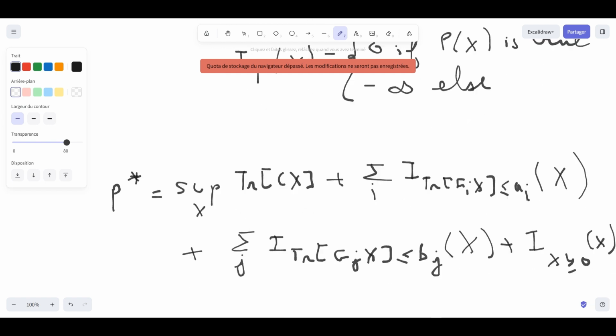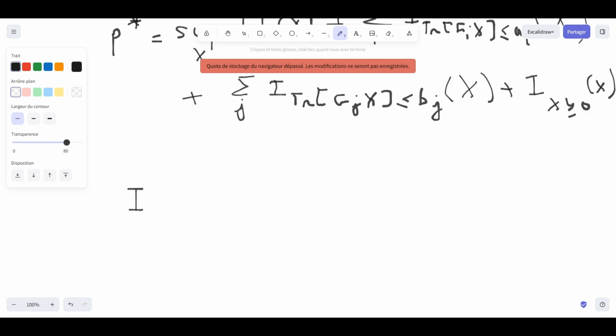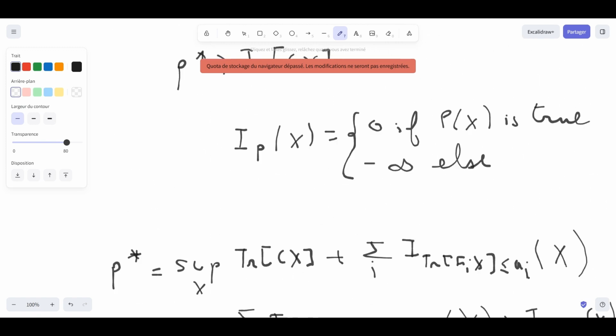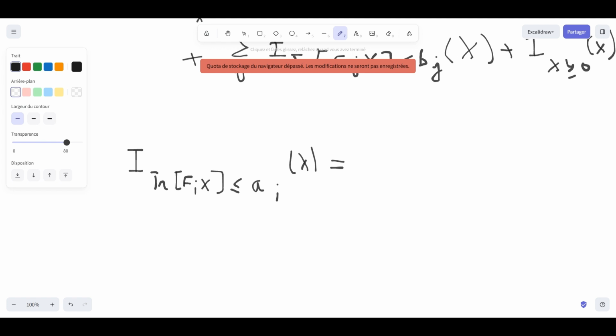rewrite it with this definition of the indicator function. So typically, if we take this first one, the indicator function of the trace of Fi of x inferior to ai, it is equal to inf, like each indicator function can be seen as an optimization problem.